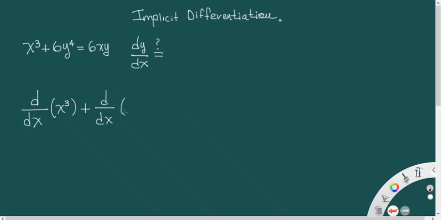So this is d/dx of 6y to the 4, and this is equal to d over dx of 6 times x times y.